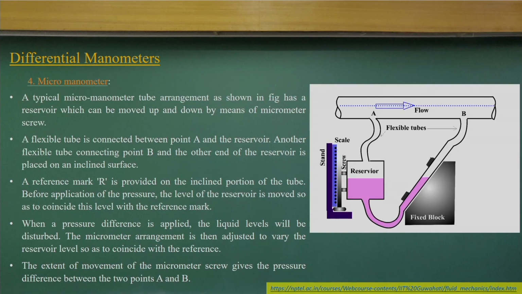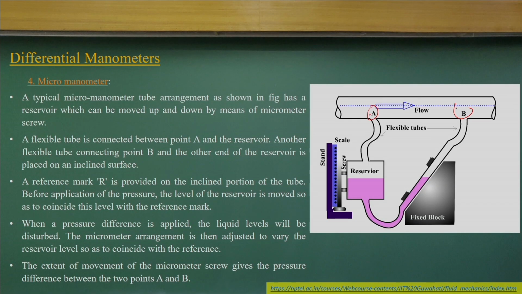Now, there are simplified micromanometers, which measure the pressure difference between A and B, and you have the flow. This flow may be carrying oil, slurry, or any industrial fluid. In any industry there are a lot of pipe networks, and we have to measure the pressure difference between 2 points, which is required to measure the discharge and the frictional losses.